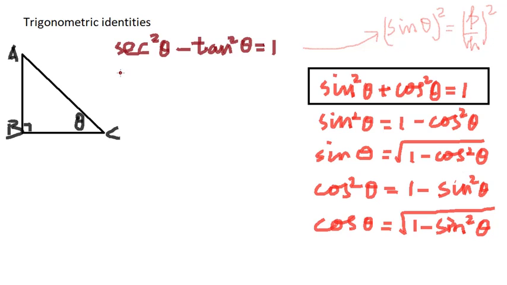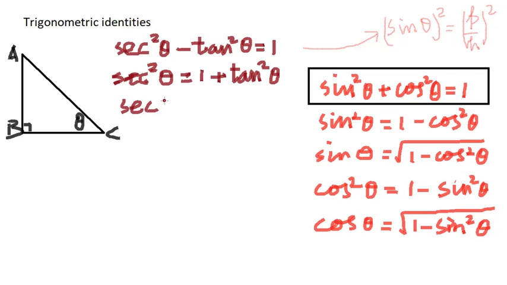So what can we derive from this? We can derive sec squared theta is equal to 1 plus tan squared theta, and sec theta is equal to root of 1 plus tan squared theta.